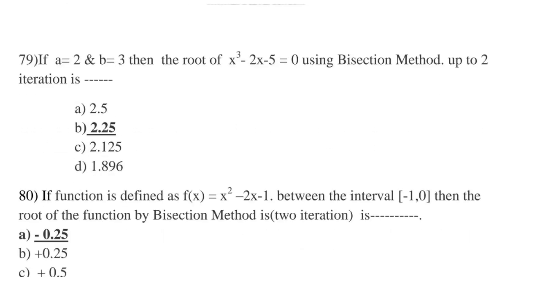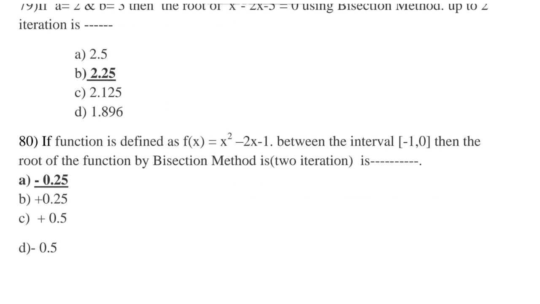Question number 79 is if a is equal to 2, b is equal to 3, then the root of x cube minus 2x minus 5 is equal to 0 using bisection method up to 2 iterations is 2.25.